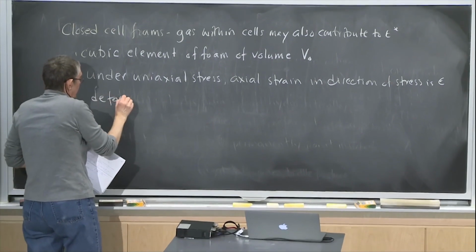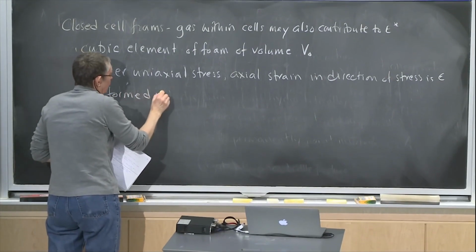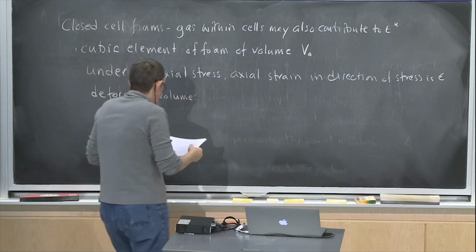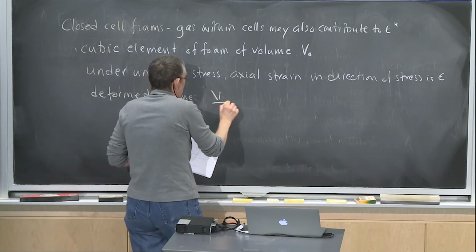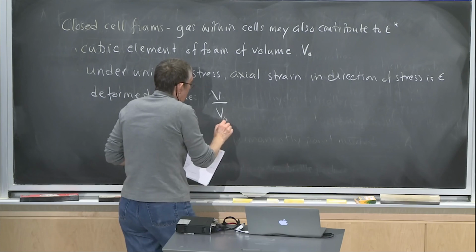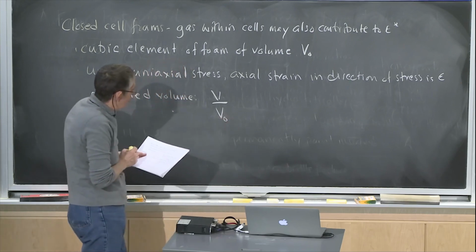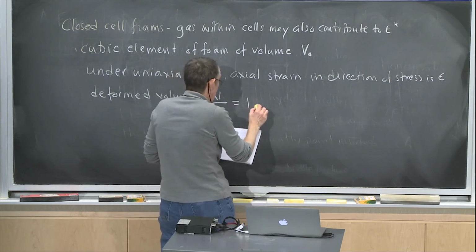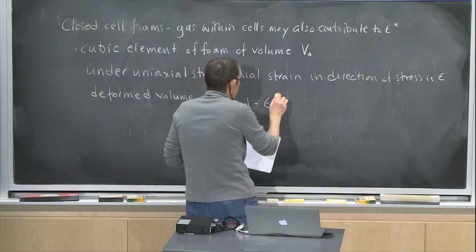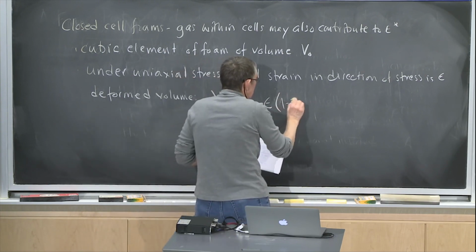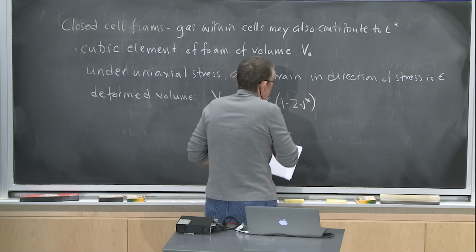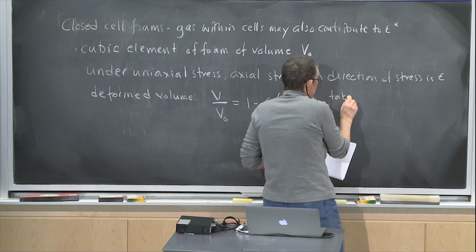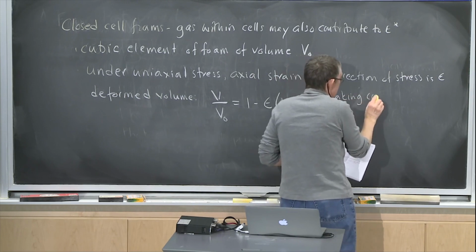And just from the geometry, you can calculate the deformed volume. So after you load it, the volume's V, and V divided by the initial volume, V naught, you can show, it's fairly straightforward, is 1 minus epsilon times 1 minus 2 times the Poisson's ratio of the foam. So here I'm taking compressive strain as positive.